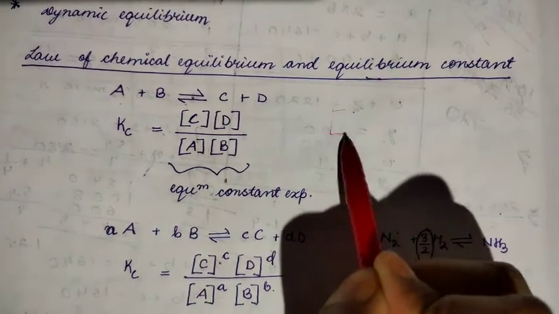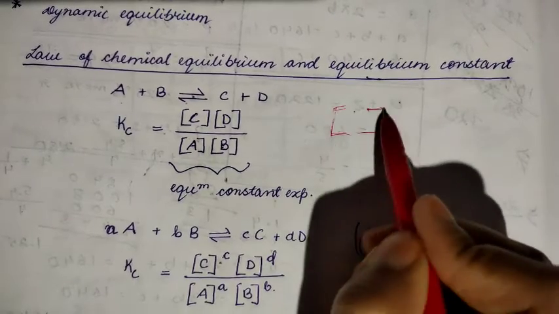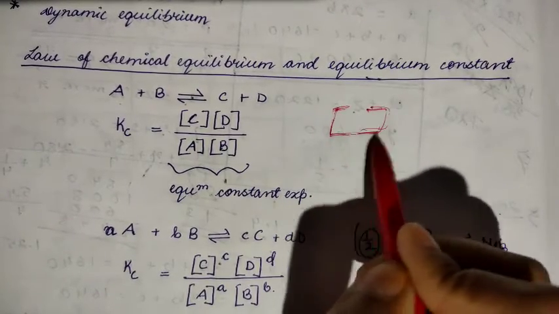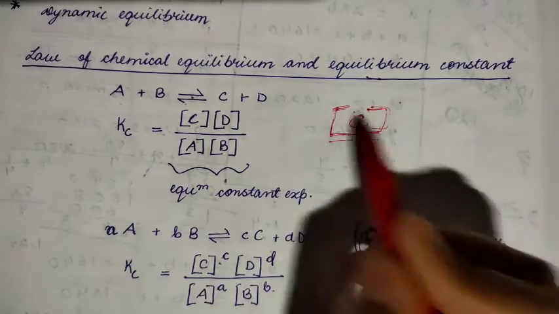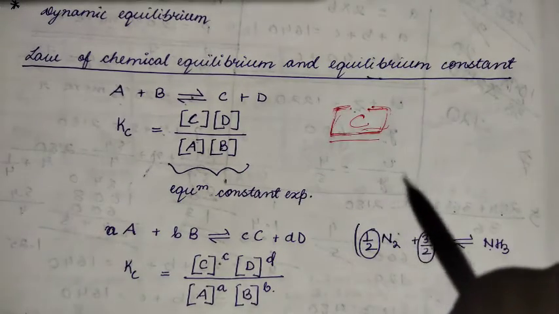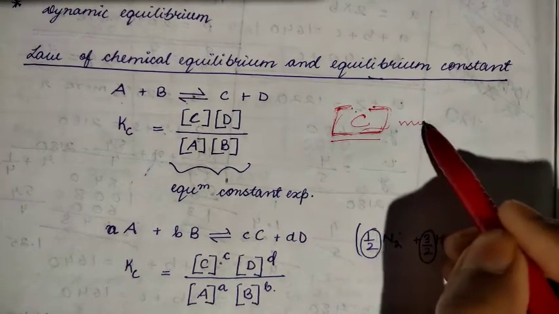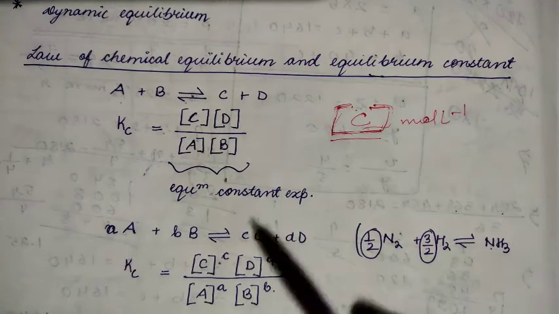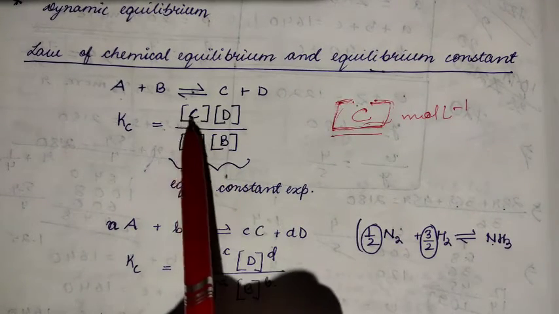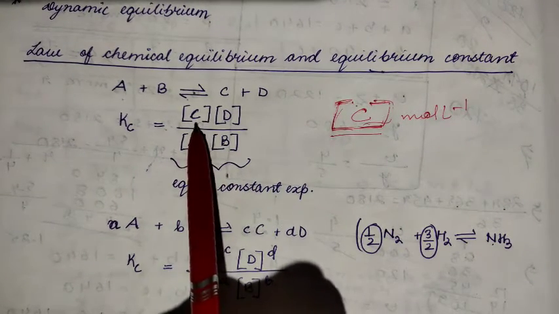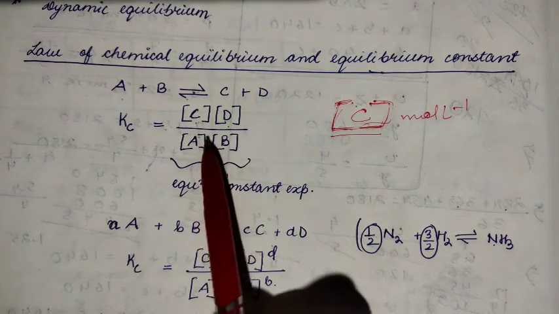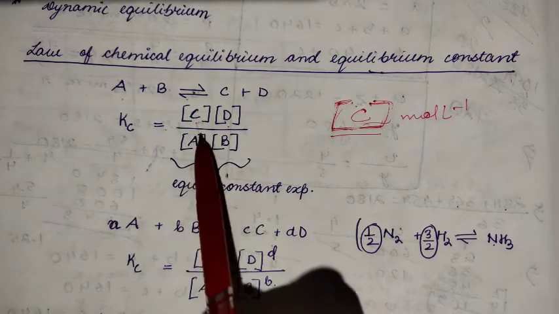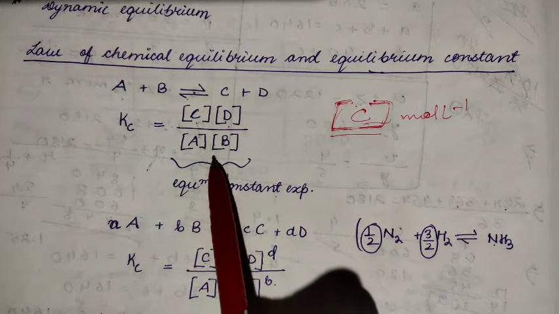Concentration we denote with this bracket. Okay, this bracket is the symbol for concentration. When we talk about the concentration of C, we have to put it within a bracket, and it is usually expressed in mole per liter. So there will be some amount of C, some amount of D concentration divided by the multiplication of the concentrations of the reactants.